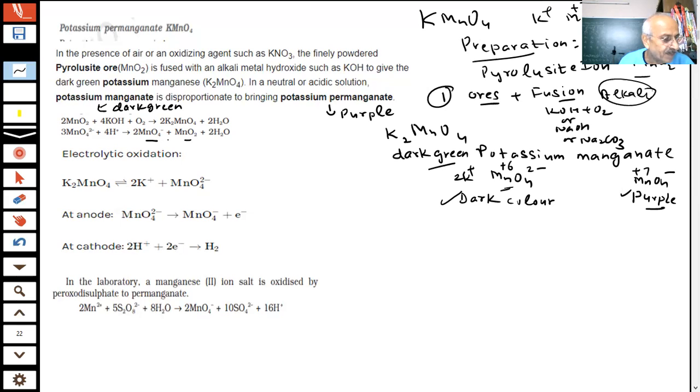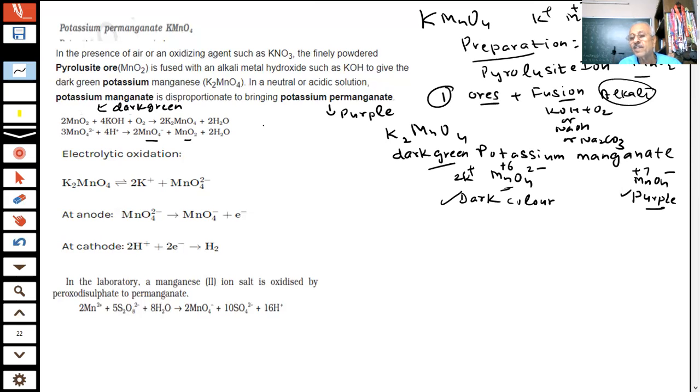Many times they will give you a reaction in which an ore is being fused with alkali and what you get is a dark green colored liquid, which on treatment with acid produces a purple color.